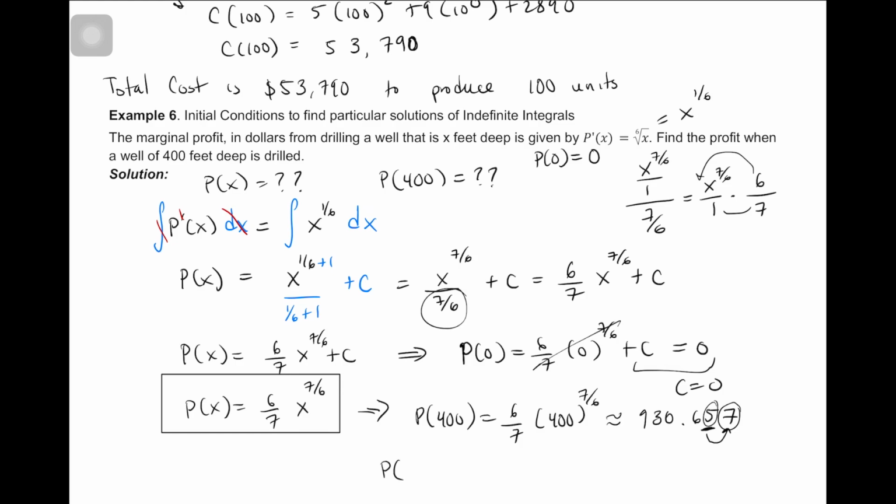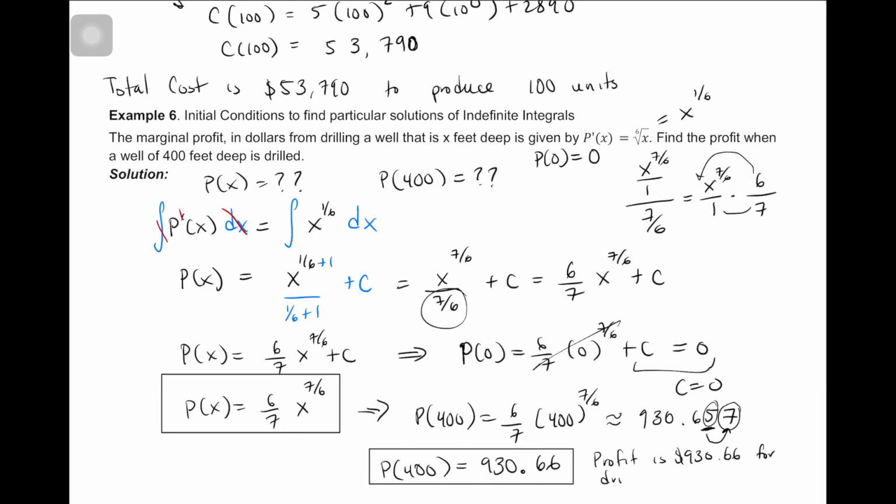So p of 400 is going to be 930.66. So the profit is $930.66 for drilling 400 feet deep.